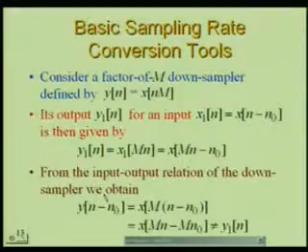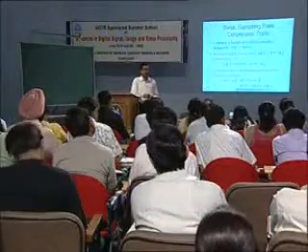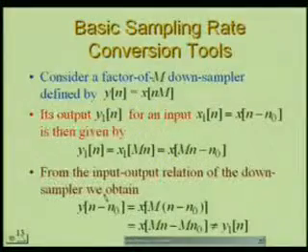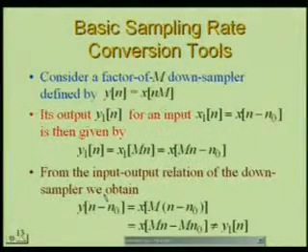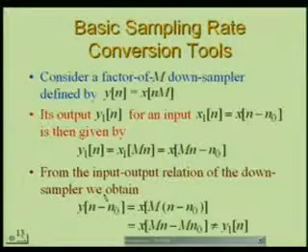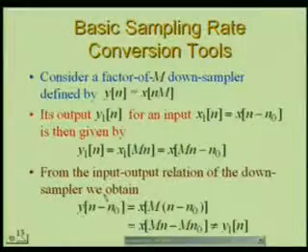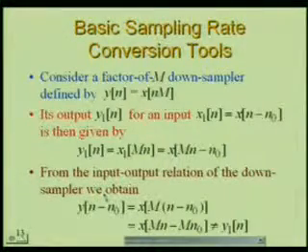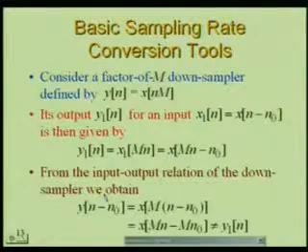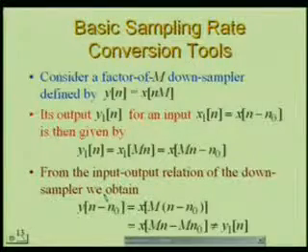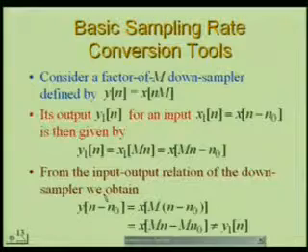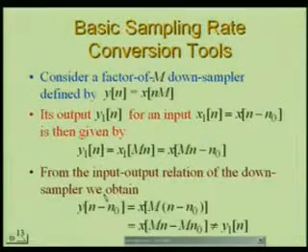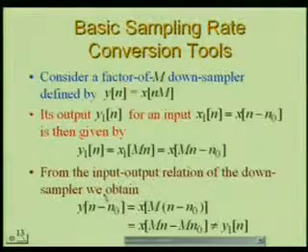Let us consider a downsampler with a factor of M. So, simply y[n] is x[Mn], its output y1[n] for an input x1[n]. Instead of x[n] as the input, let me give another input, say x1[n], that is equal to x[n minus n0].